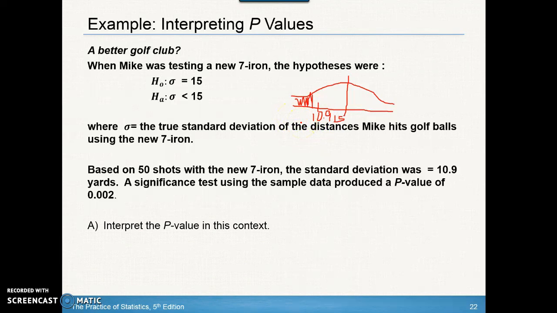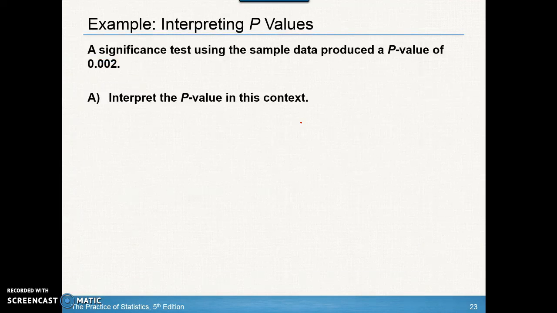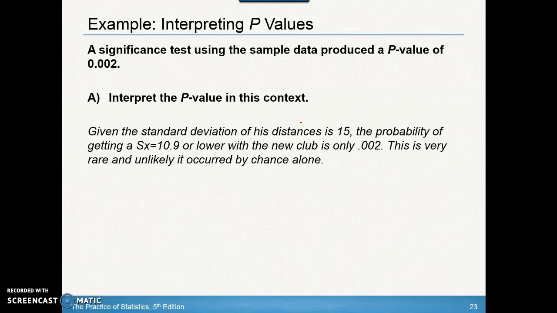So what does that tell us? We want to interpret the p-value in context and then answer the question: does it provide convincing evidence against the null? Let's interpret that p-value. It's really small. Notice how we're tying it back to the null: given that the null is true, the probability of getting a standard deviation of 10.9 or lower with the new club is only 0.002.